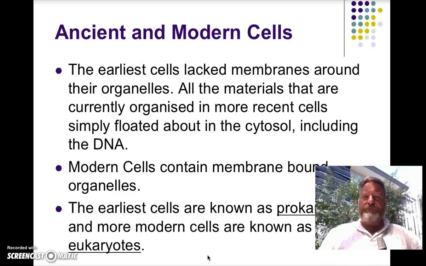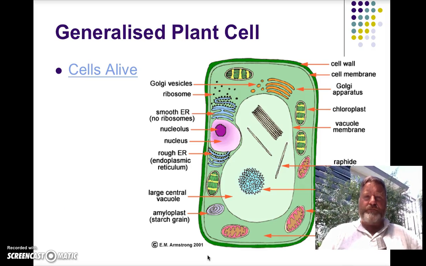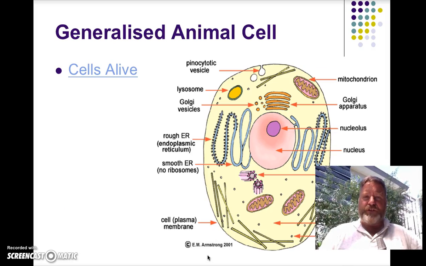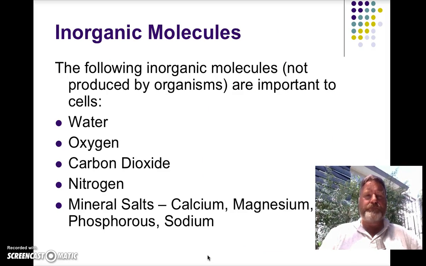Our modern cells, like our body's cells, the more highly evolved ones, are membrane bound, so all the organelles are wrapped up with a membrane of their own. So we call those earlier cells prokaryotic, and these more modern cells are known as eukaryotic, and that's a definition you do need to know. Generalized plant cell, generalized animal cell, I won't go into any detail there, no point.